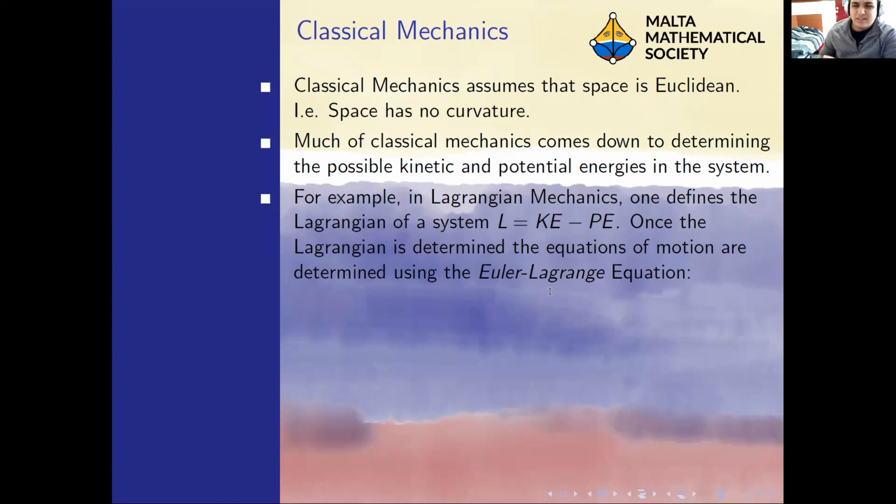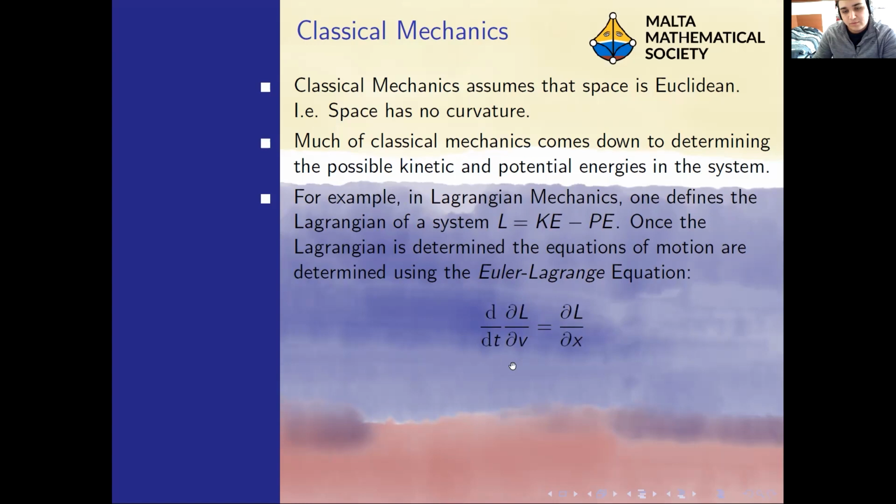The equation of motion is a set of differential equations that, when solved, give you the path that the object or the system takes in space. So that's the Euler-Lagrange equation. Basically, we just throw whatever we get in here.